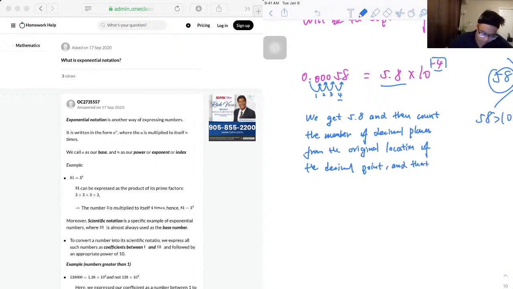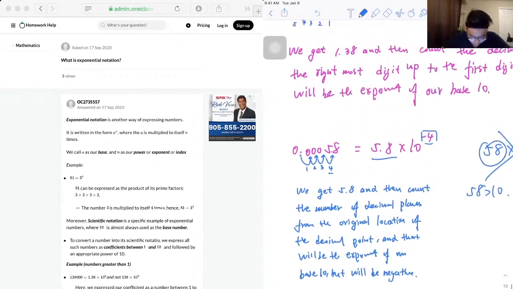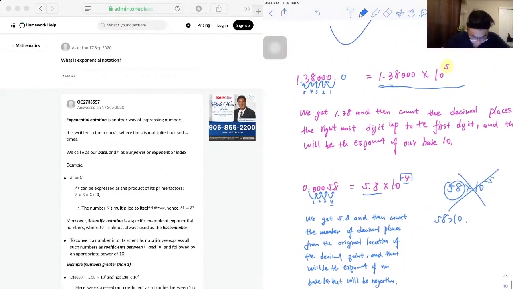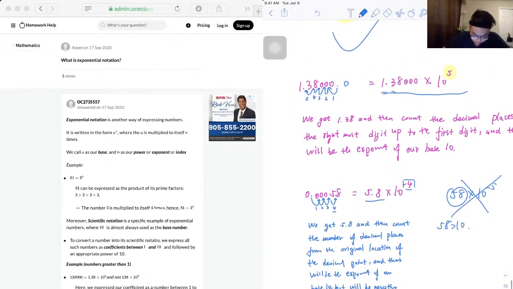And that will be the exponent of our base 10, but it will be negative.